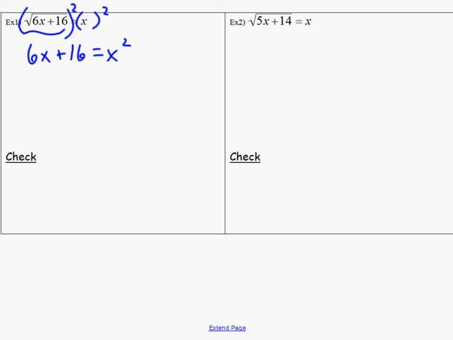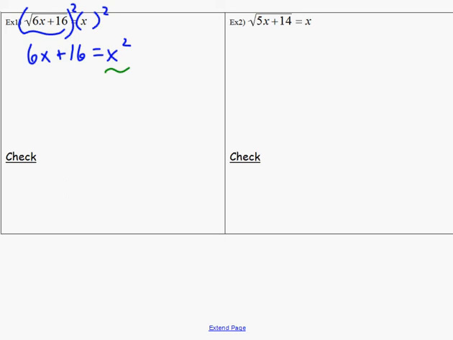Now that we've squared both sides, we have an equation that we should be able to solve. So we have to recognize here that this is a quadratic equation because we have an x squared term. Since this is a quadratic equation, we've got to take the steps in order to solve a quadratic. First step is always to set the equation equal to 0.